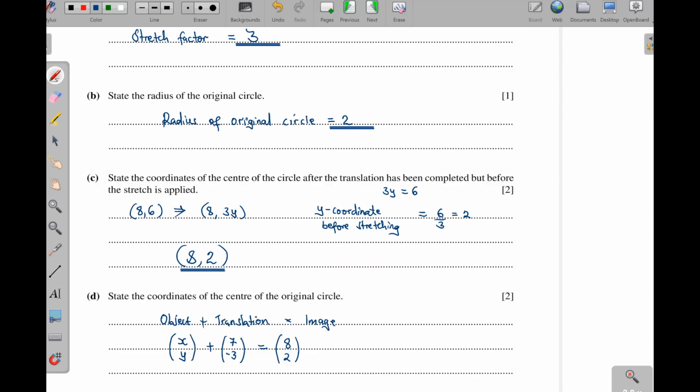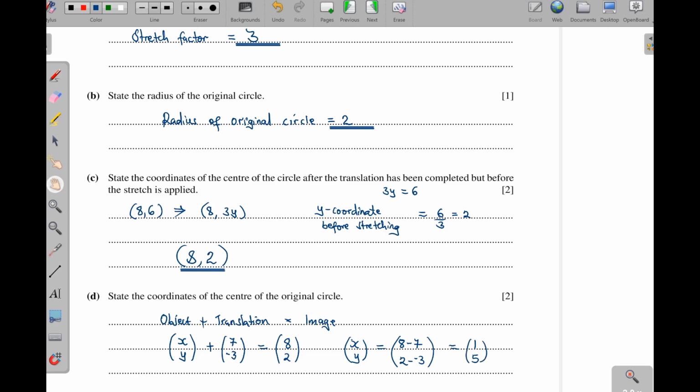So how do I get x, y? This xy is going to be, take this on this side. So you have 8 minus 7 and then 2 minus 3, not so? So this one will give us 1 and then 5.